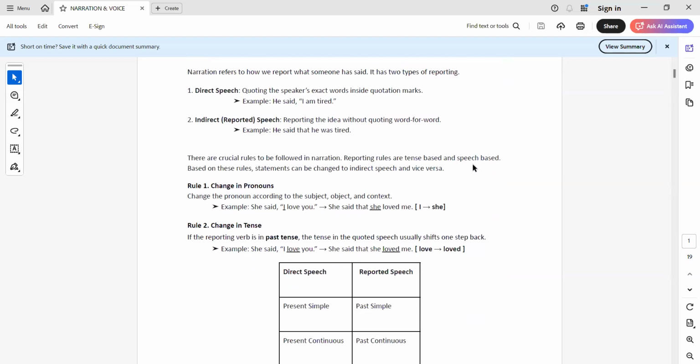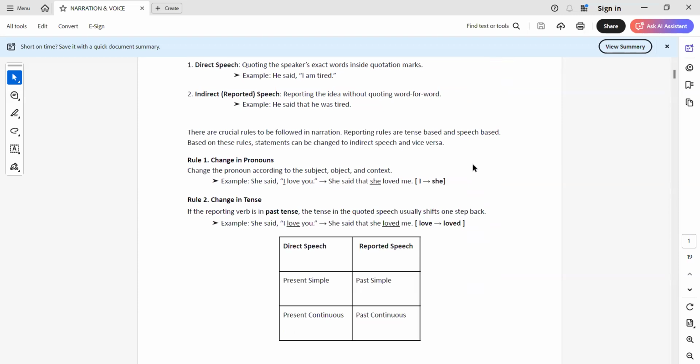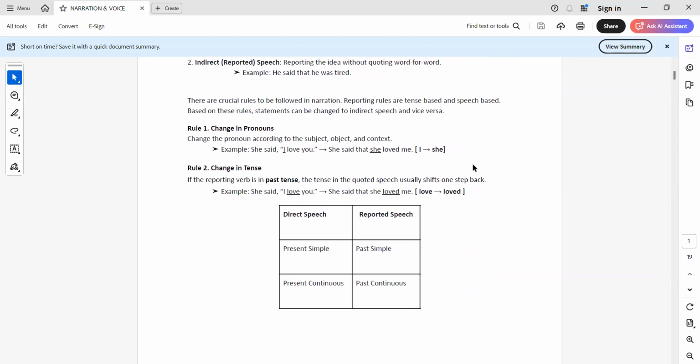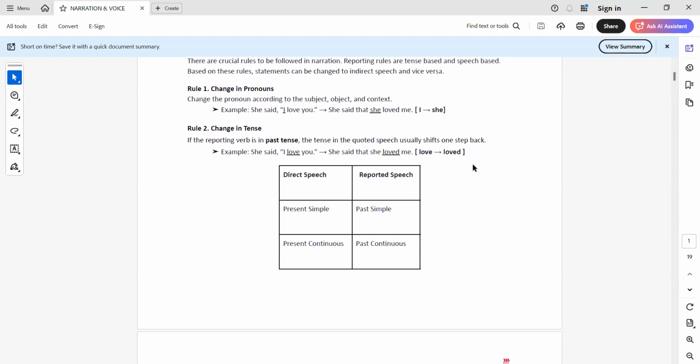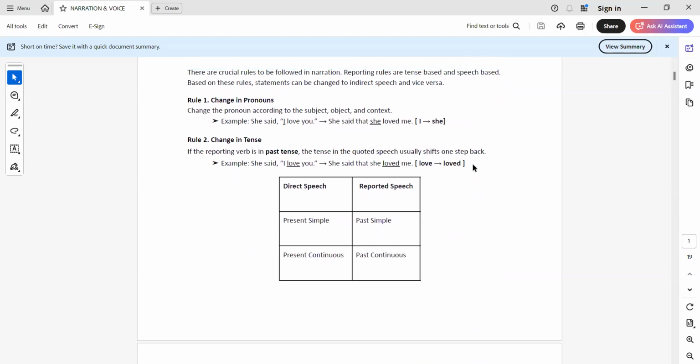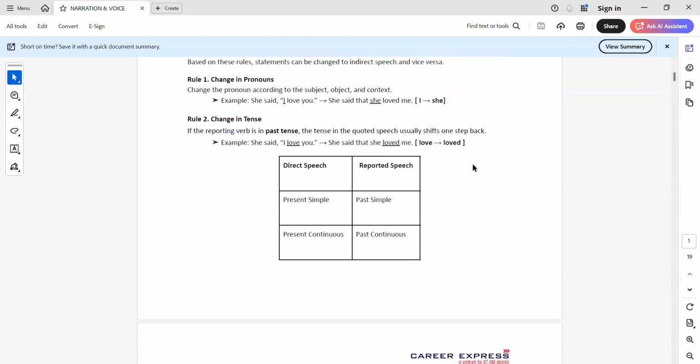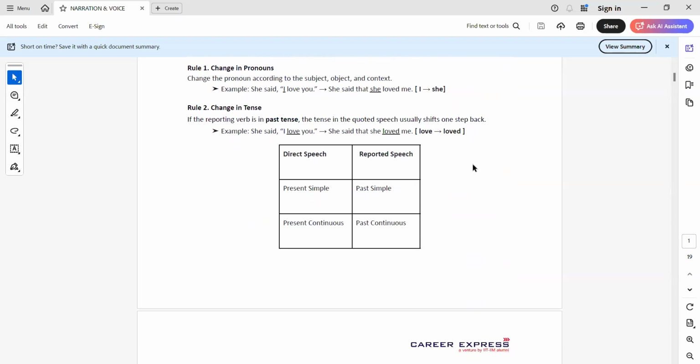Okay. Now, when we use indirect speech, there are some changes that we make in terms of tense. Also, while we are talking about the third person, we also need to change the pronoun. Noun, obviously, we don't need to change if it is used, but pronoun definitely, because the person changes.